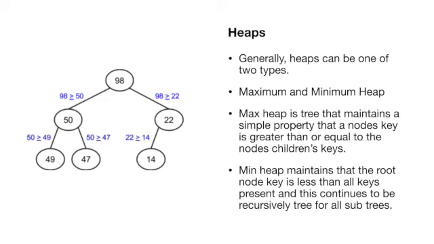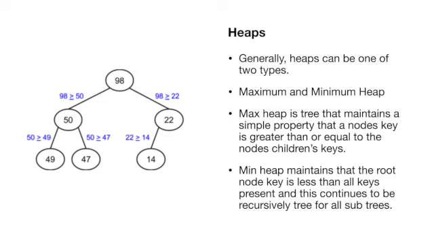As you see, the visual on the left is just a graphic that can describe that easily. As you can see, the root key is 98, which, as we check, is greater than or equal to 50 on the left side of the tree, and on the right side we see that 98 is greater than or equal to 22.